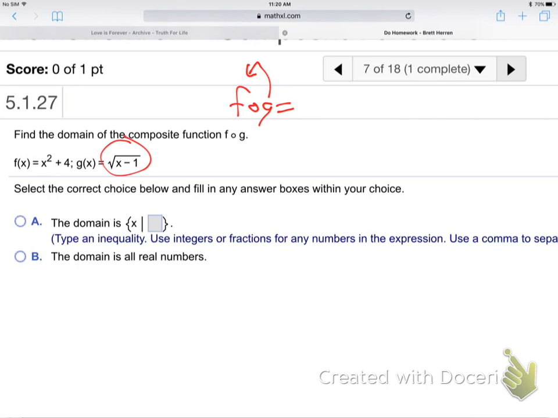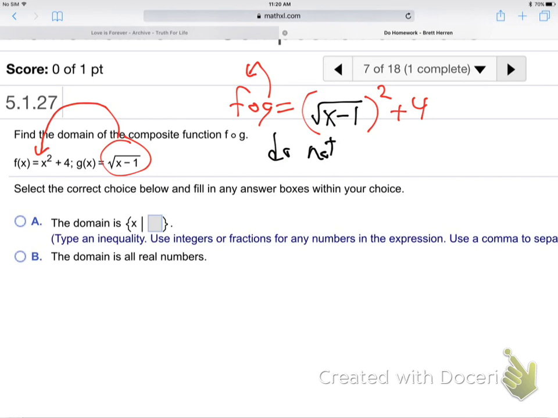I'm going to put all of g into x's input slot, right? Squared plus 4. I'm going to put all of g in there. What is g? Square root of x minus 1. Good so far. Let me write this.